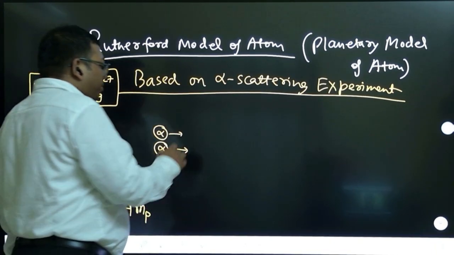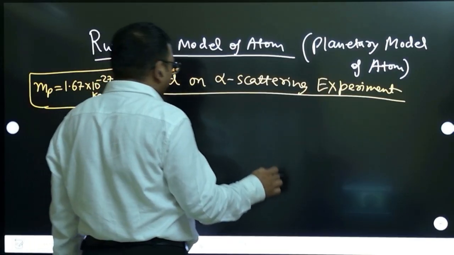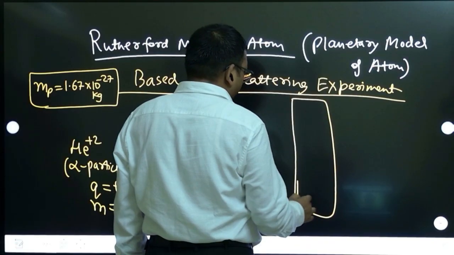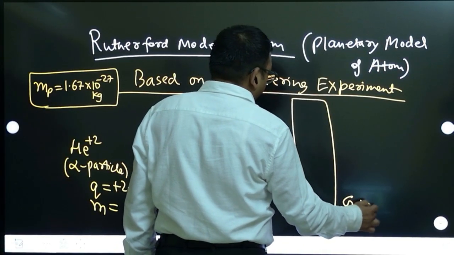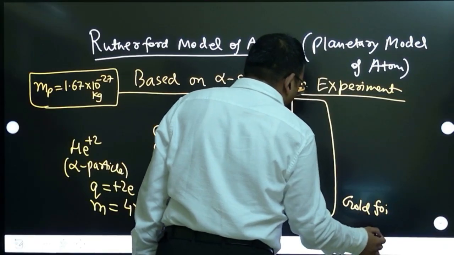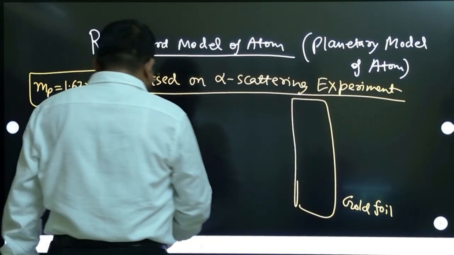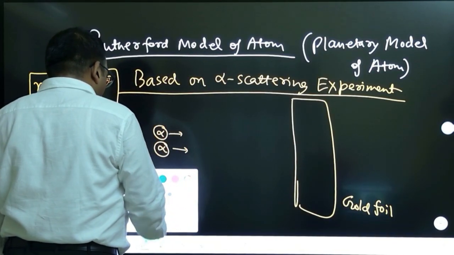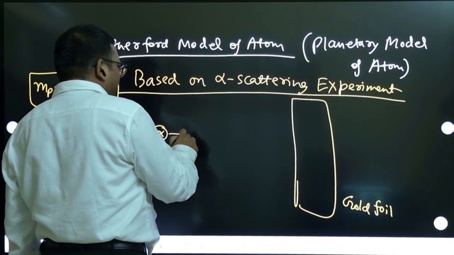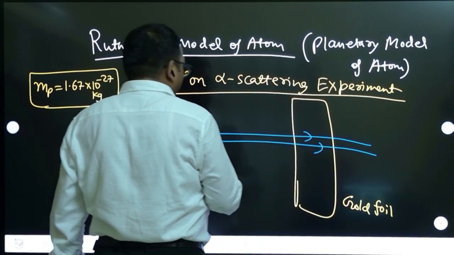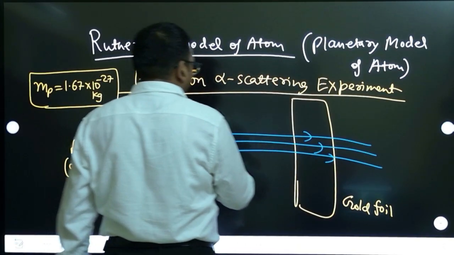So this alpha particle is projected with very high speed at a gold foil, and gold foil means a very thin film, a very thin sheet of gold. These alpha particles go and strike, and he found that most of the alpha particles are just passing through it.